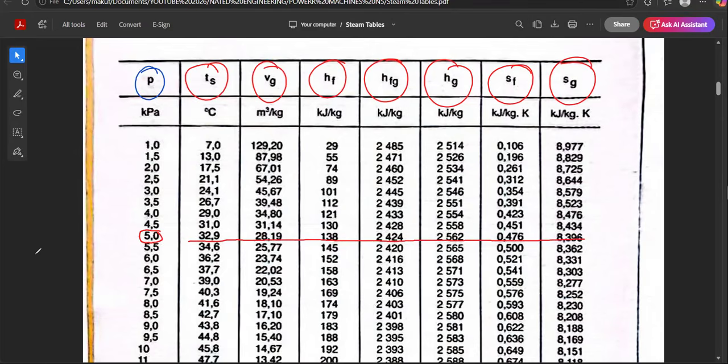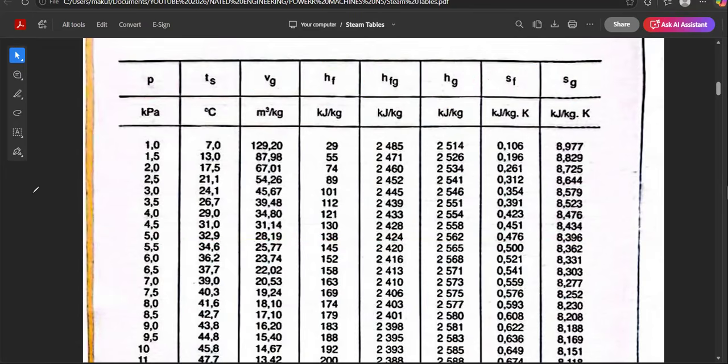So our question is, let's say we are given a certain pressure, but that pressure is not represented here. For that pressure, we are going to need maybe the TS, the VG, the HF.